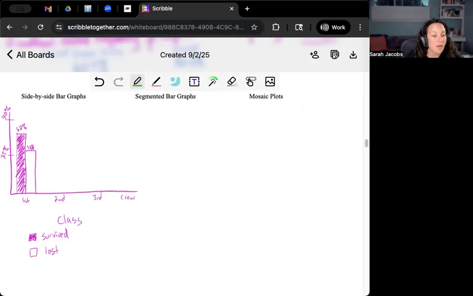Okay. Now we'll do the same thing with second class. So in second class, those numbers work out to about 41% surviving. So not terrible, but definitely not as good as first class. A little bit more. And we're going to shade that in. And if 41% survived, that means that 59% did not survive.